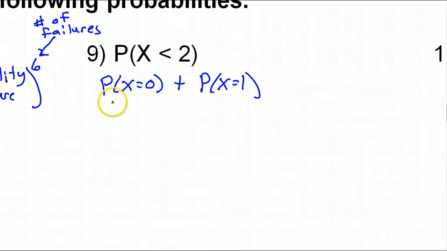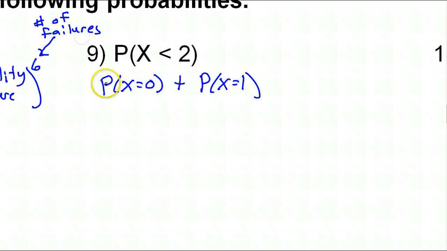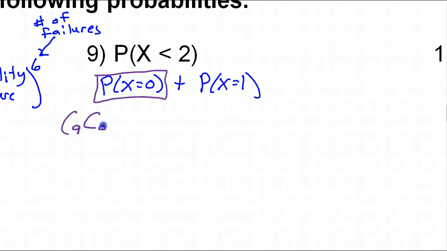Okay, so here comes the first one. Maybe I'll do it in two separate colors. I'm going to do this one in purple. The probability of 0 successes. So first I do 9 choose 0. And now I'll do my probability of success. Remember, that was 0.21.